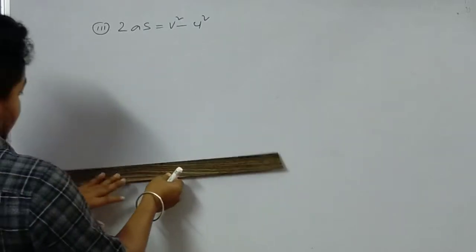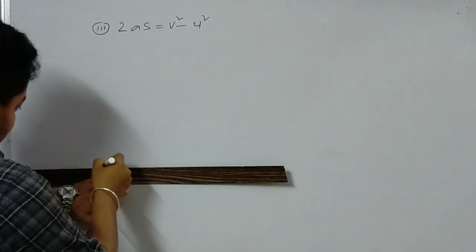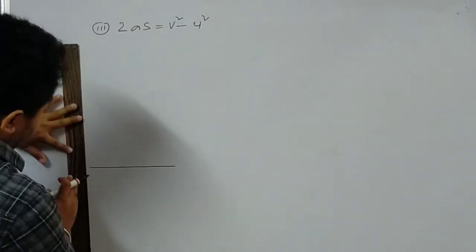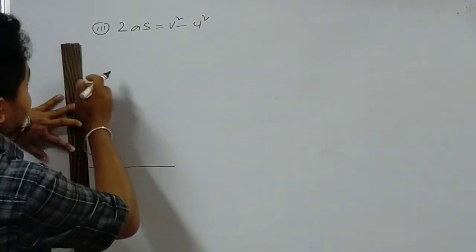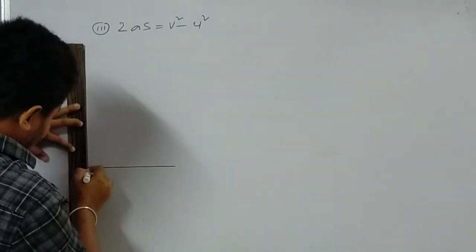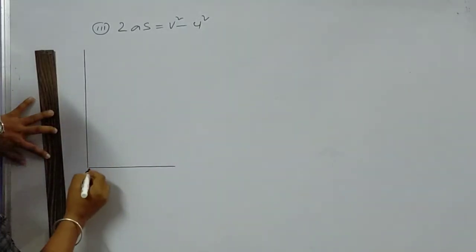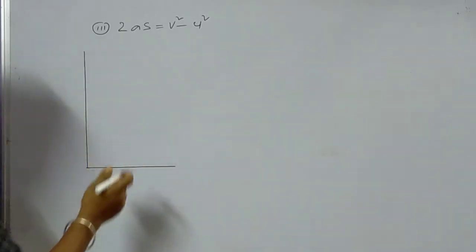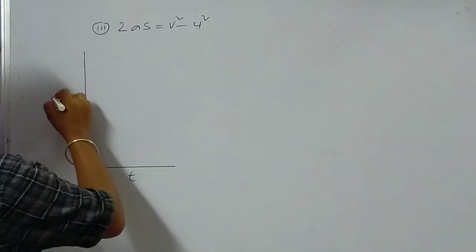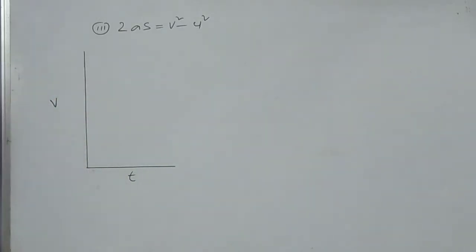The diagram is quite similar, no change in this case. This is the y-axis, this is your x-axis, and in this case this is time, and on this side we have the velocity.